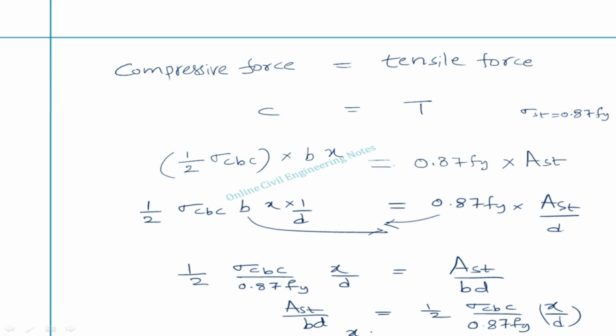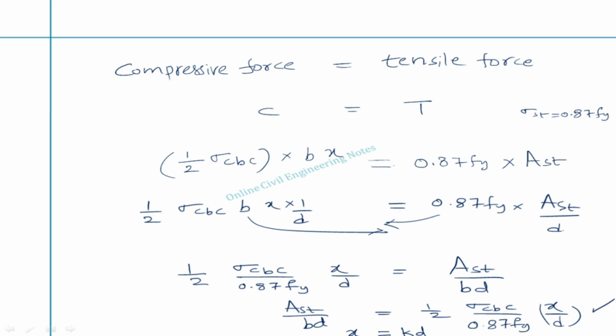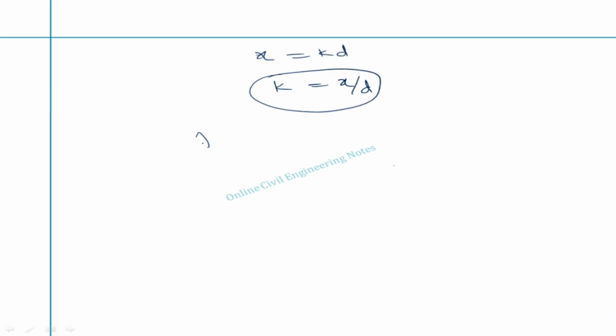We know x, the critical neutral axis depth, is equal to k into d. k is equal to x by d. Substitute this k value here. Therefore, AST by bd is equal to half into sigma CBC by 0.87 fy into k.